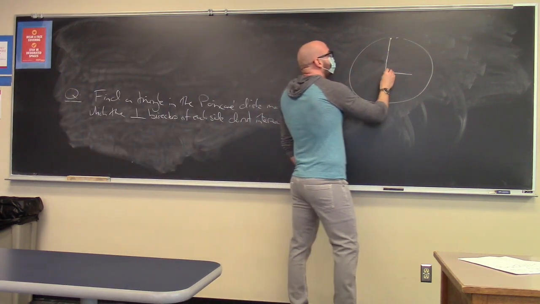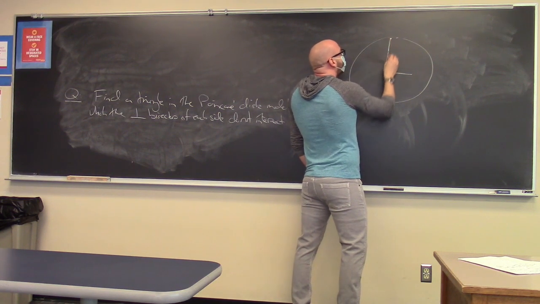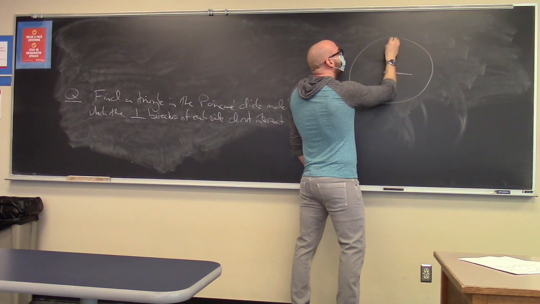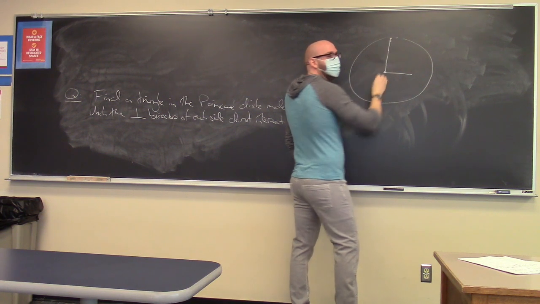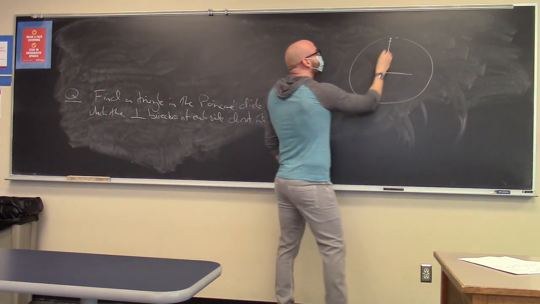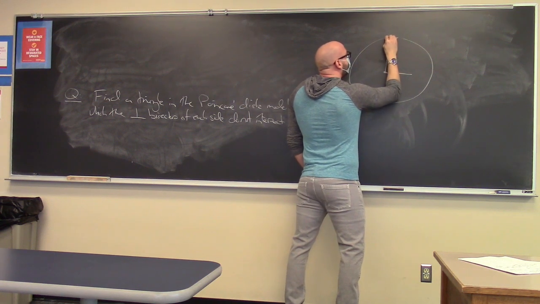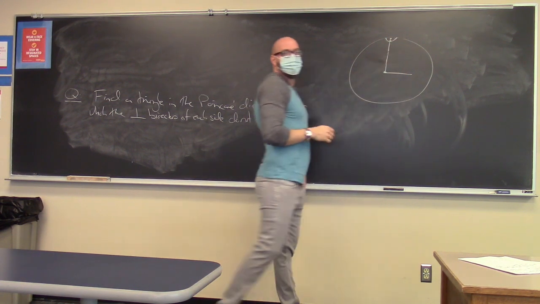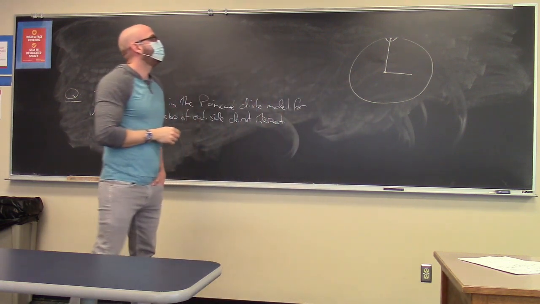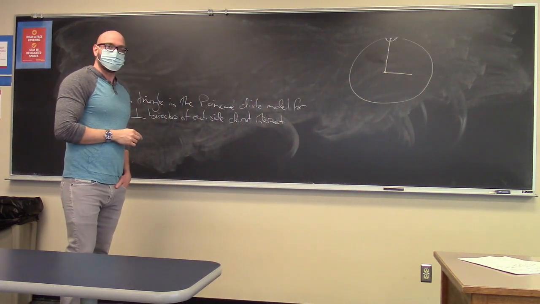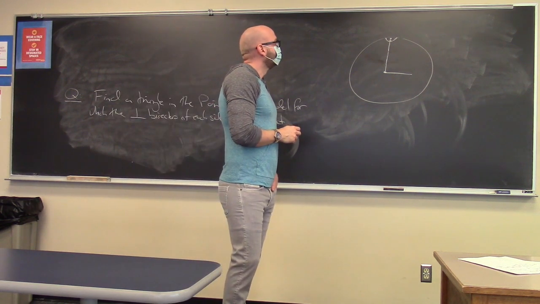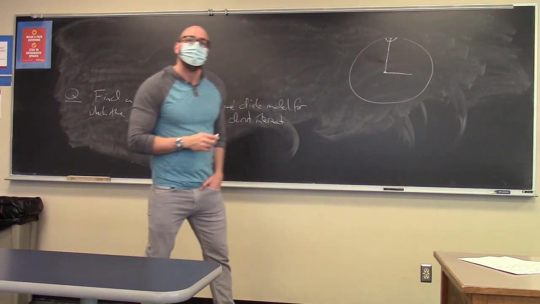Then what's the perpendicular bisector of this side? Well, the midway point of this line, hyperbolically, is probably somewhere way out here. So the perpendicular bisector of this side would be something like this. Does that make sense?